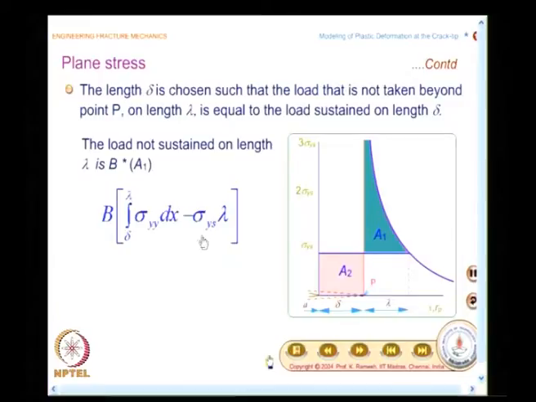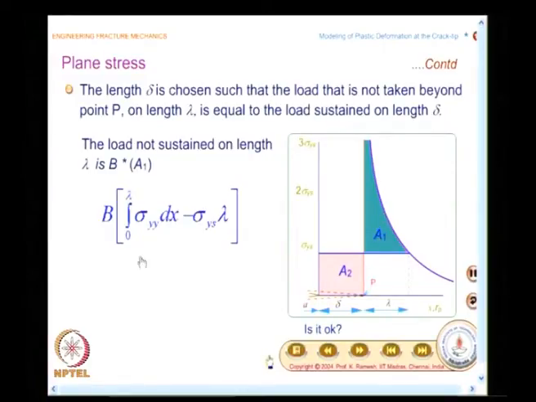This is understandable, you have sigma ys into lambda, that refers to this area, but it is not from delta to lambda. You are only calculating this. So, you have to do it from 0 to lambda, because my interest is to find out this area. For that area, it is going from 0 to lambda, and that is what we are looking at.